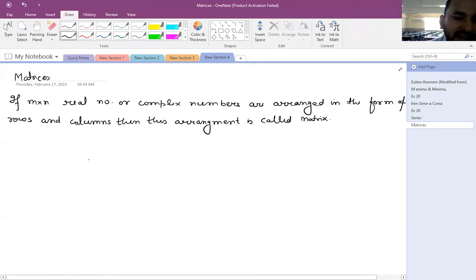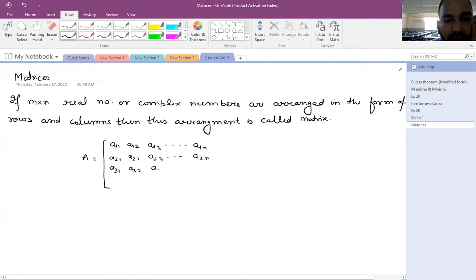Matrices are generally represented by capital alphabets. So I'm writing here: suppose A11, A12, A13, up to A1n; A21, A22, A23, up to A2n; A31, A32, A33; up to Am1, Am2, Am3.